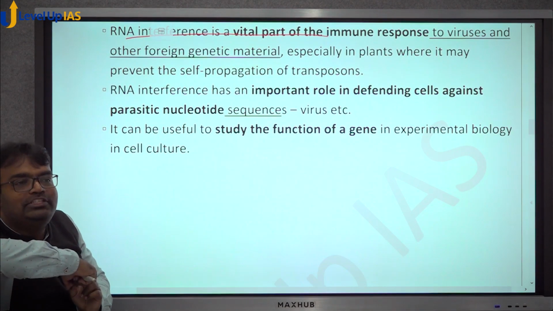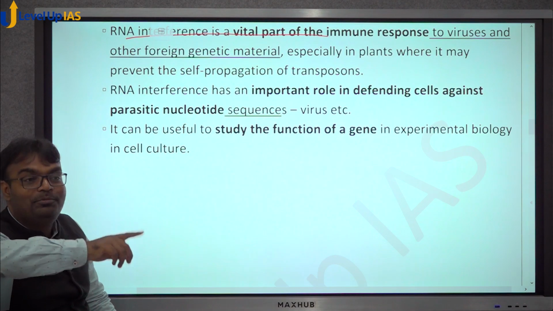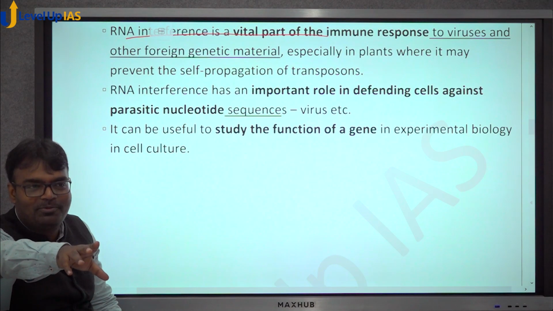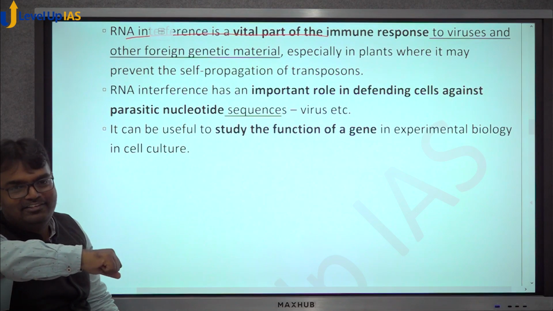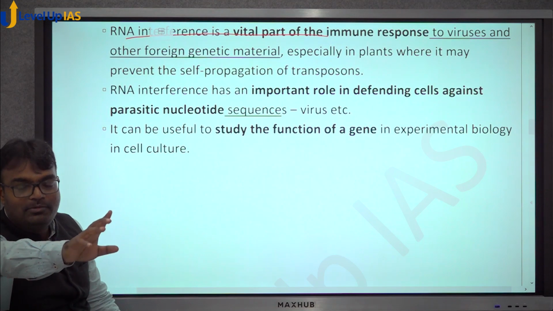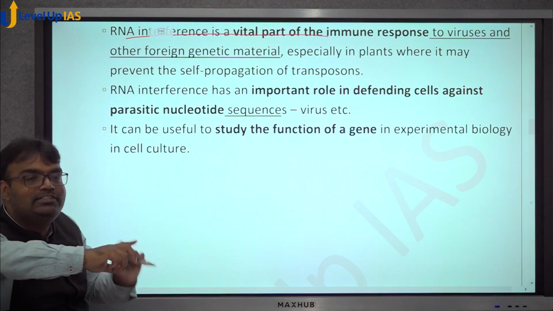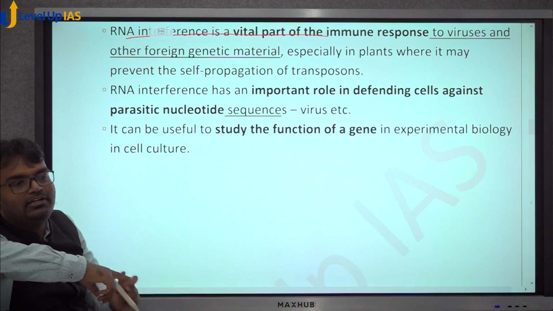Use common sense: stop the mRNA, and some protein formation would stop. You will understand that this was the function of that gene. The protein whose formation has stopped is associated with the gene whose mRNA has been interfered with.